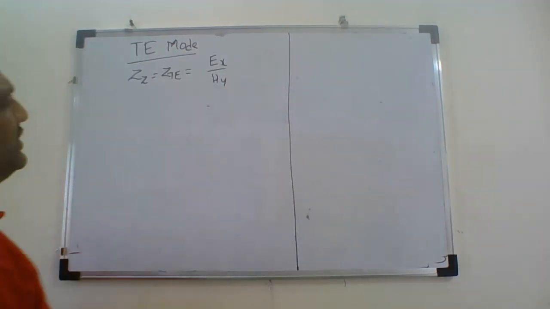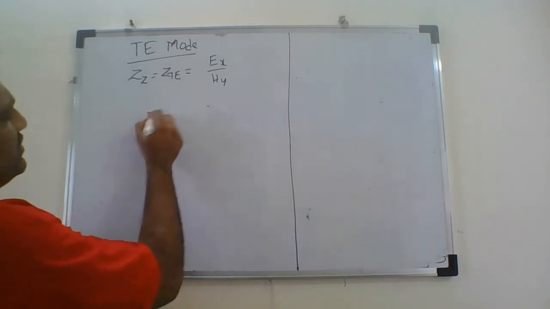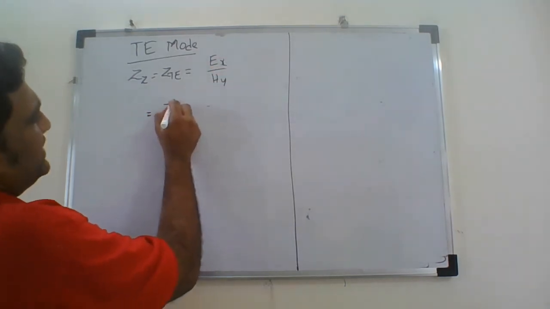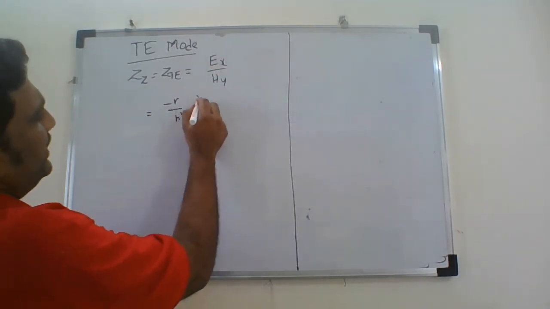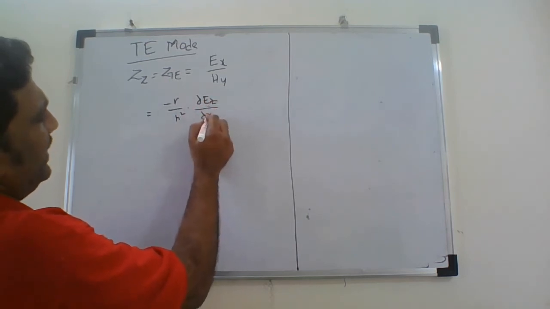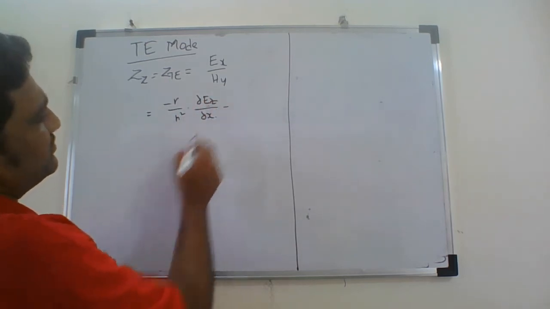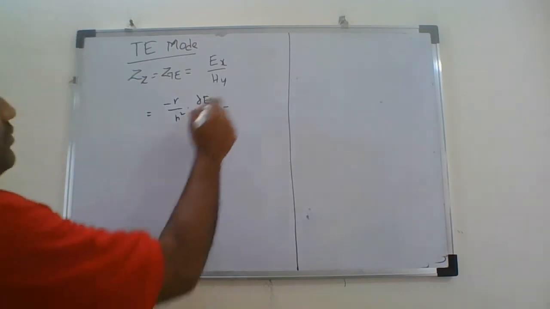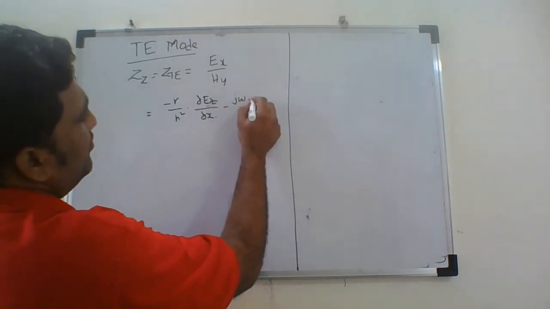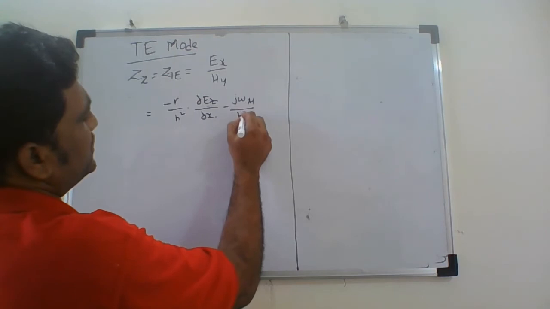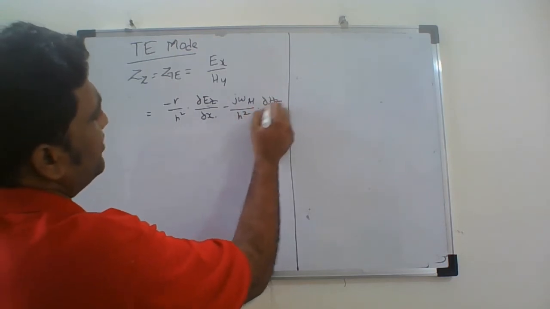It doesn't matter. So now let us go with the same way. Minus gamma by h square into dou Ez by dou x, minus j omega mu divided by h square into dou Hz by dou y.